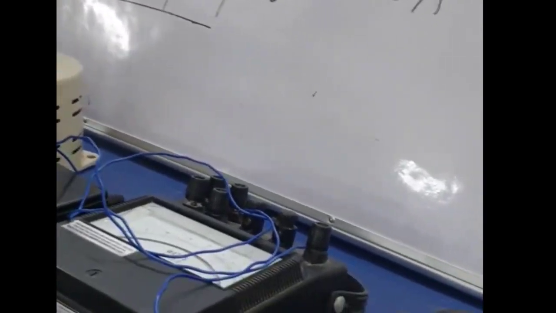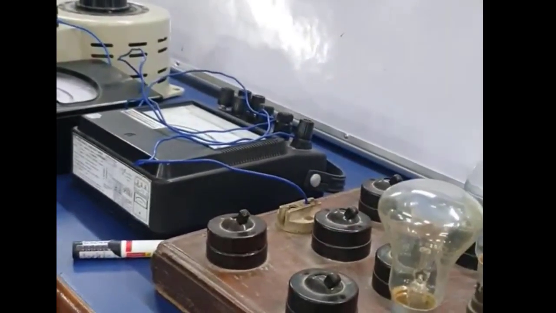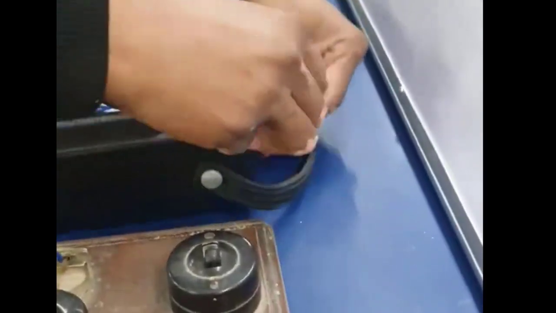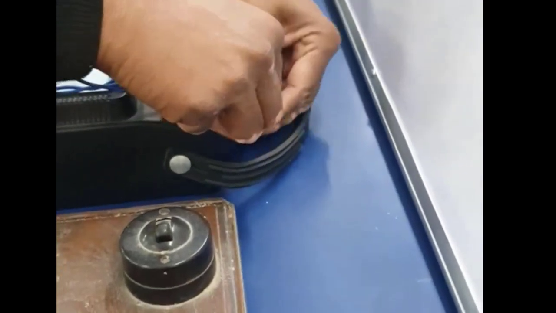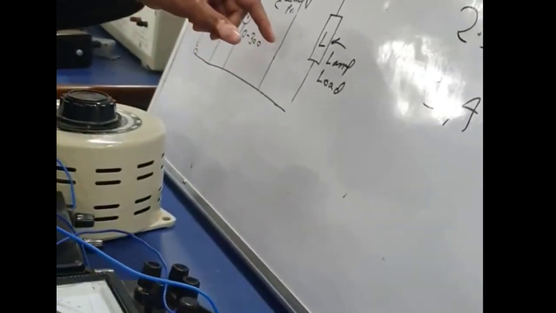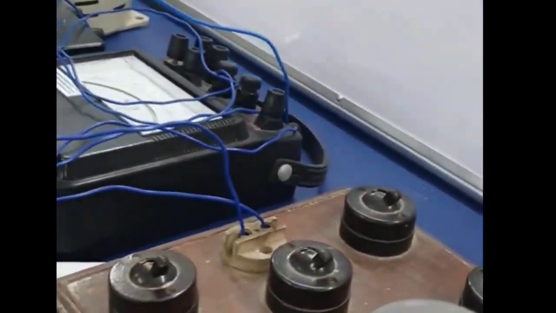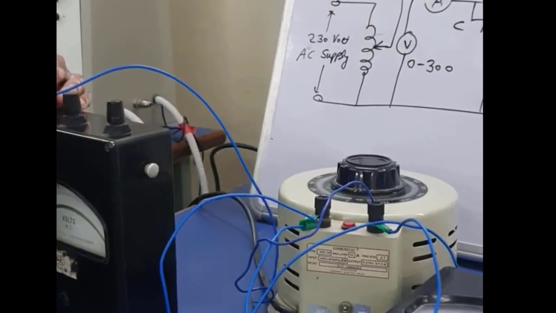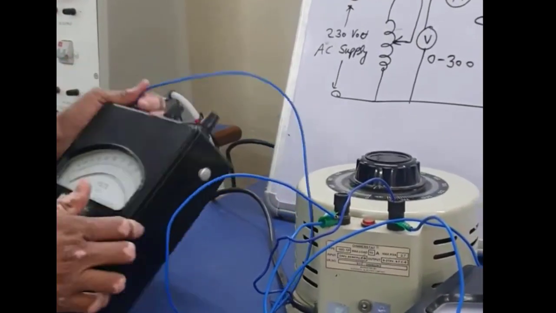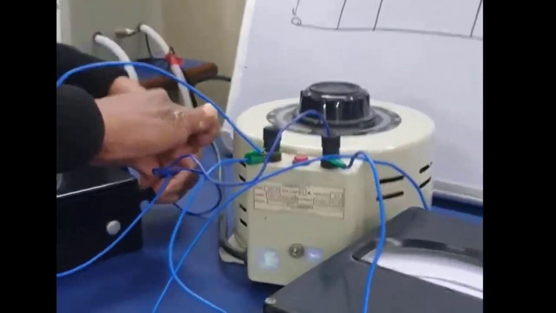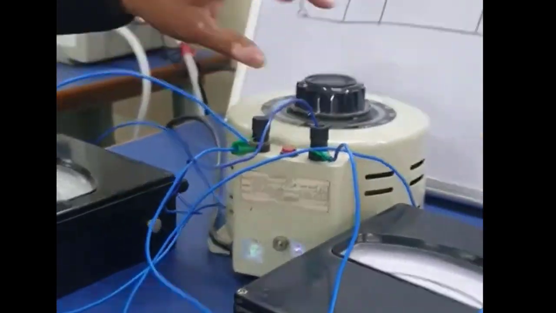So we take a wire and connect the V terminals of the wattmeter, and it is going to the lamp load and to the auto transformer. Now the voltmeter is connected in parallel across the supply, so we connect the voltmeter range common and 300. These are connected across the auto transformer. So the circuit is complete.